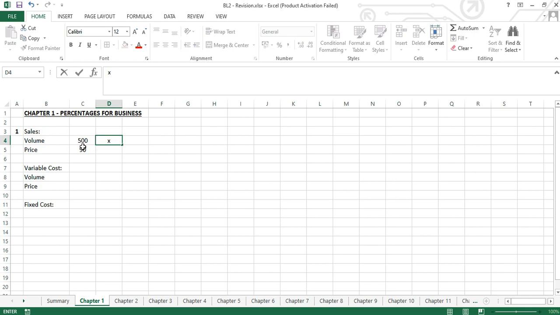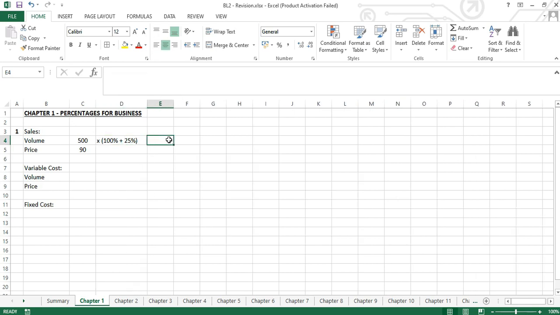Sales volume increases by 25%. If we are to directly multiply, since it is an increase, we can multiply directly by 100% plus 25%. So the answer will be 500 into 1.25, 625 units.